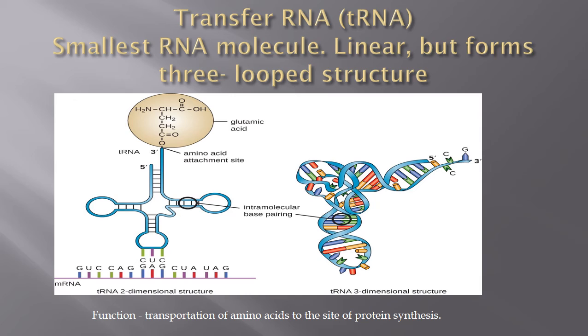This is the amino acid binding site, where the tRNA carries the amino acid at one end, and at the other end you find the anticodon. It brings the amino acid and matches the anticodon with the mRNA so that protein synthesis can take place.